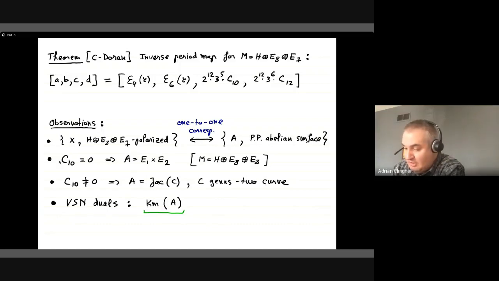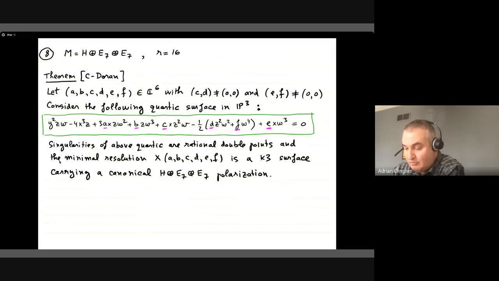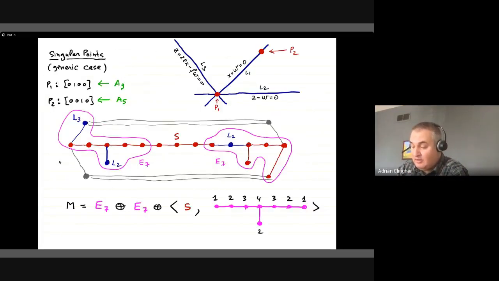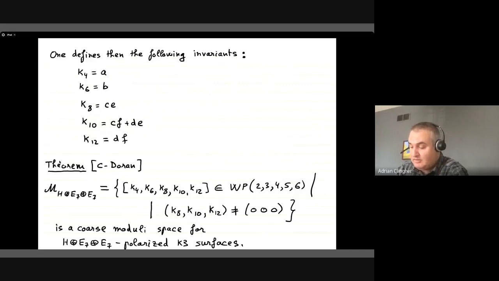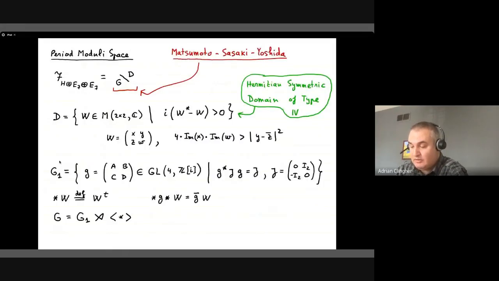And the situation can continue further. I'm out of time, but I had at least 2 more examples prepared. You can go to a rank 16 situation and do the same discussion. Again, you can describe these surfaces, and the moduli space is going to be 4-dimensional now, and the 4-dimensional period domain again has a strong number theoretic interpretation.